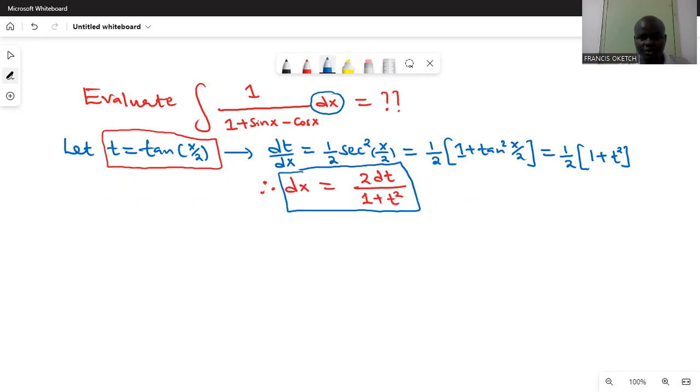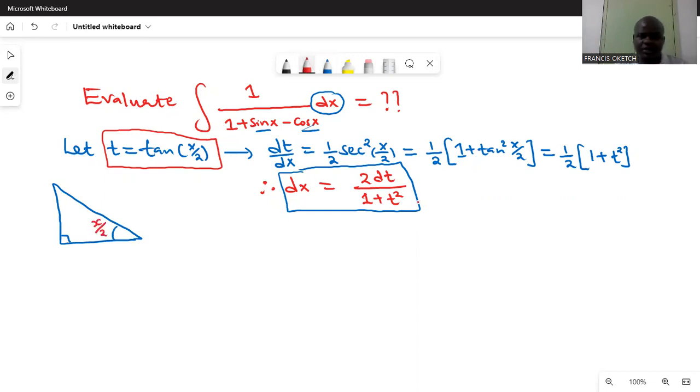We also need to know sine x in terms of t and also express cos x in terms of t. So to be able to find those, we need to draw a right angle triangle, and our angle here is x over 2.